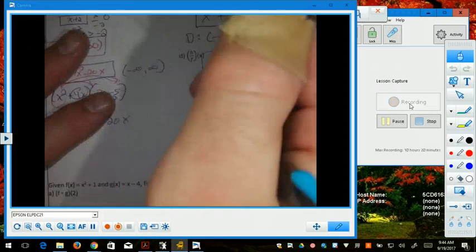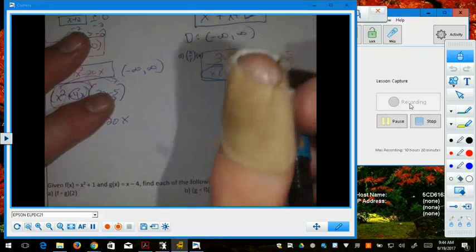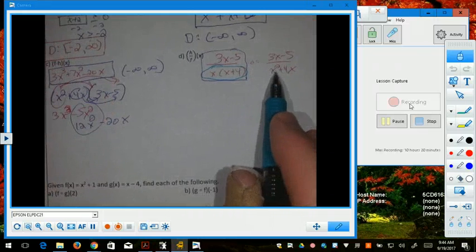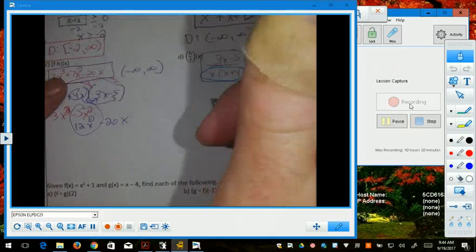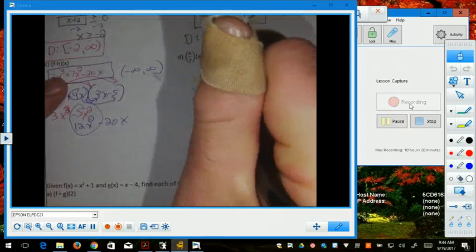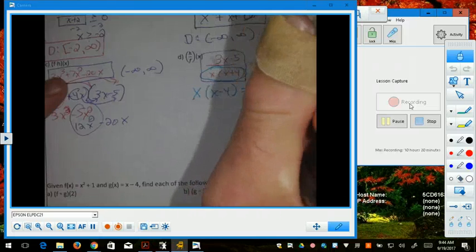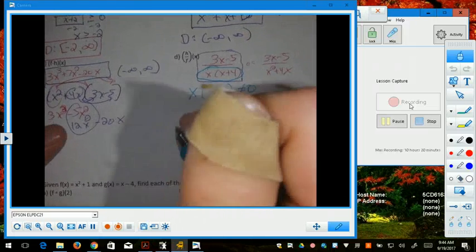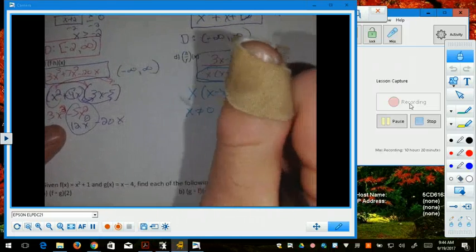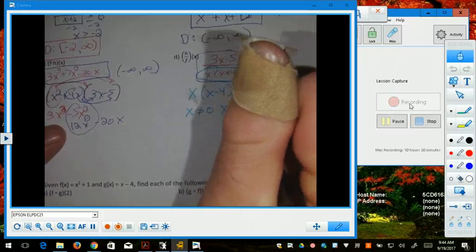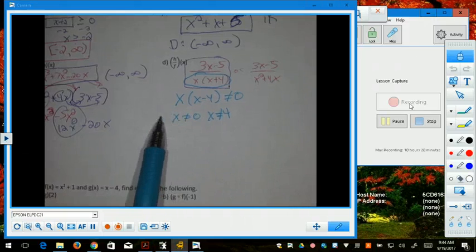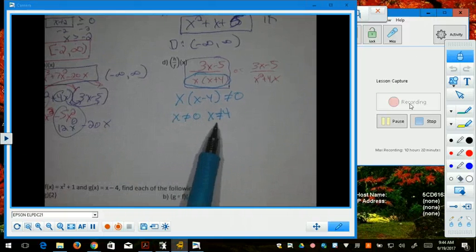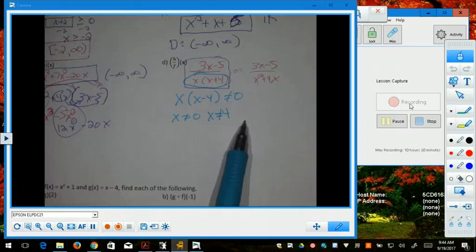Denominator. I have variables in my denominator, and those cannot equal 0. Even though as its own function it had no restrictions, now that it's in the denominator, it creates restrictions. So x times x minus 4 cannot equal 0. This means that x cannot equal 0 and x cannot equal 4, which gives us a domain of anything before 0, anything between the two, and anything greater than 4.